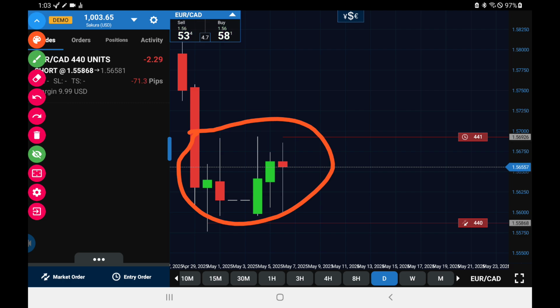Trading is dull and boring. Trading is literally just waiting for something to happen. Whether it is the market moving in your direction or the market moving against your direction.